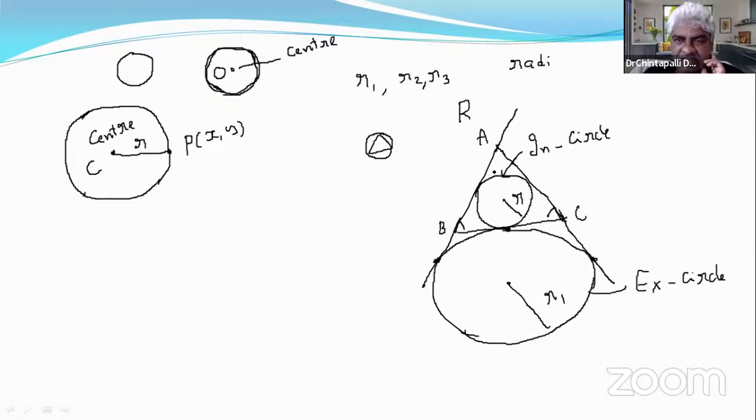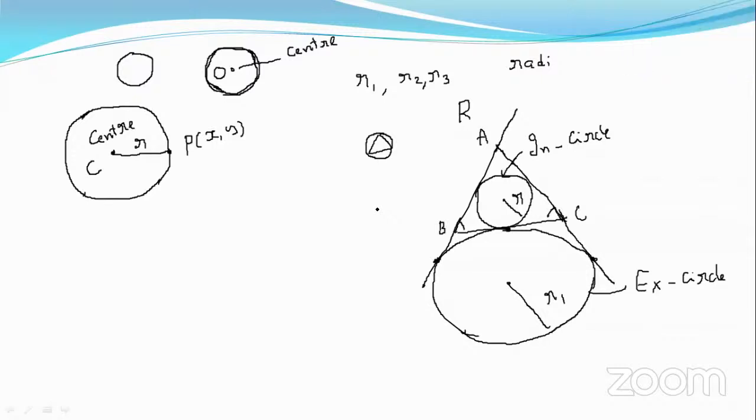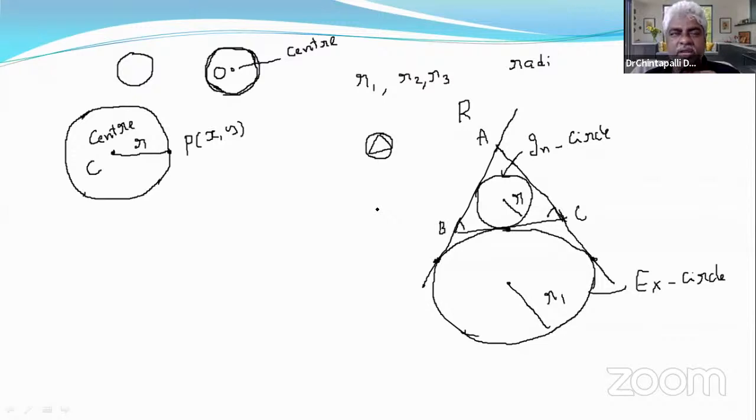But in this context, in coordinate geometry, it is not plane geometry. You know the difference between the two geometries, plane geometry and coordinate geometry. The geometry we learned in elementary classes, identifying triangles and circles, is called plane geometry.